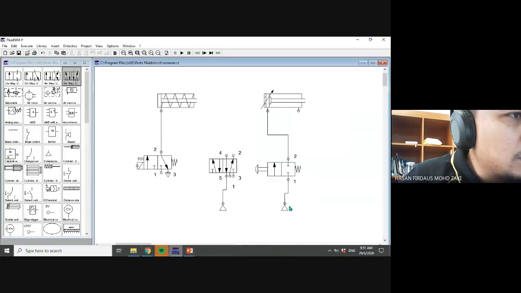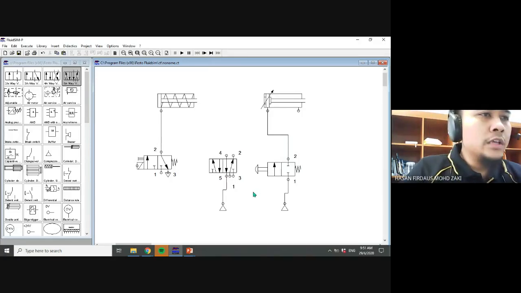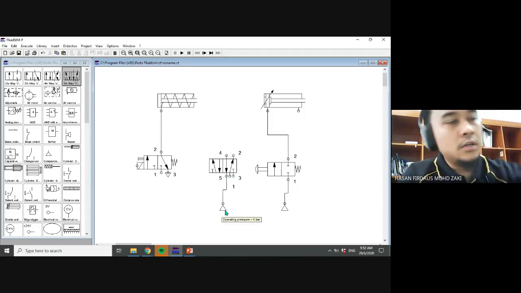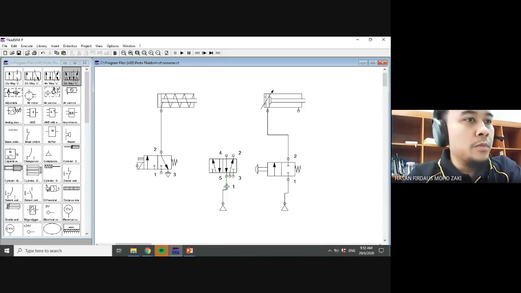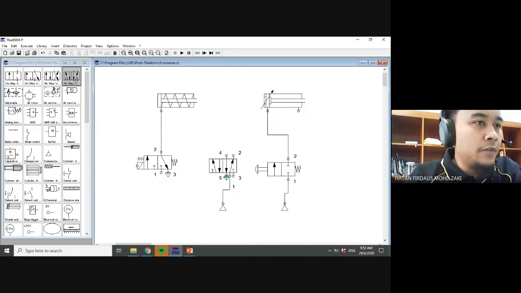Even in the drawing here, if you put it in port number 5, it doesn't make sense, because the arrow is towards the power source. So the power source always goes to port number 1, and ports 3 and 5 are for the exhaust.